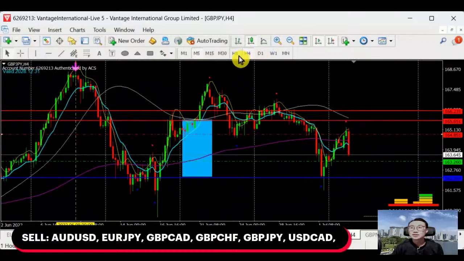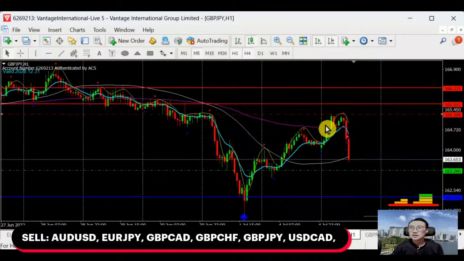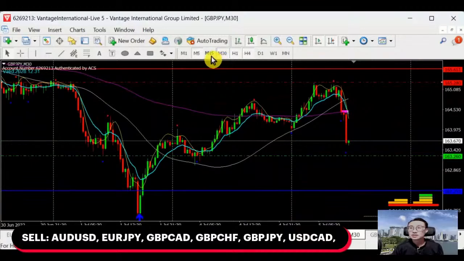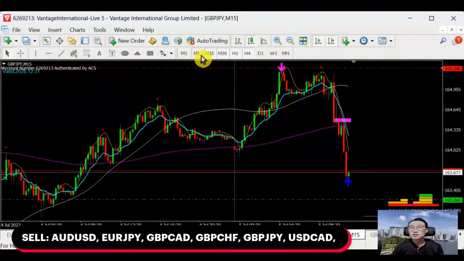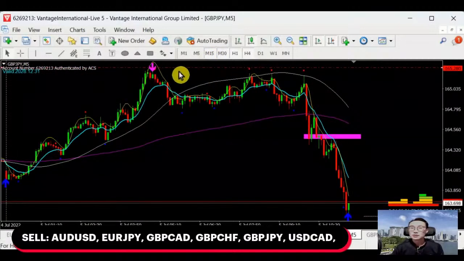As we swing down, we see the resistance here started to retest once again with a double top, and now not breaking, with a new cycle of selling over at this part here. Then we zoom in to a lower time frame, all the way to M5, to see the current situation. From this point, it has started to swing down.